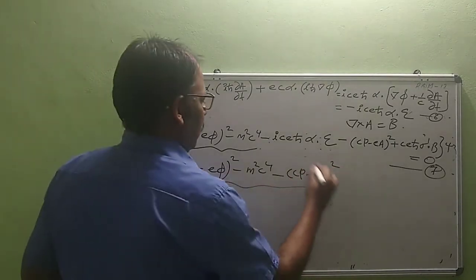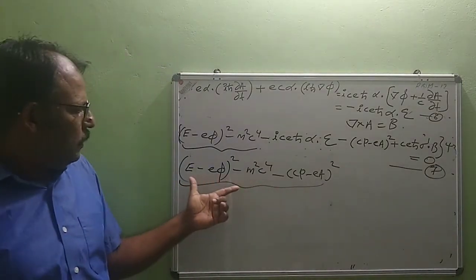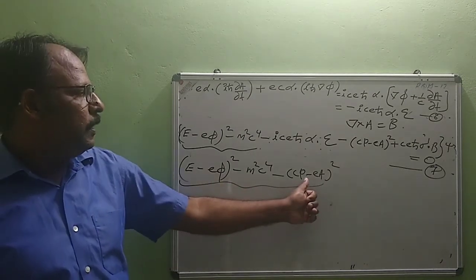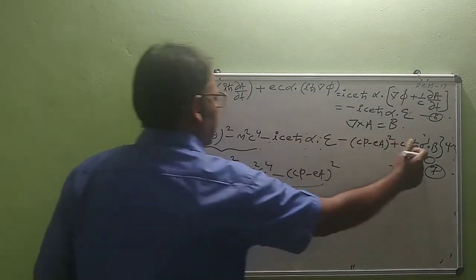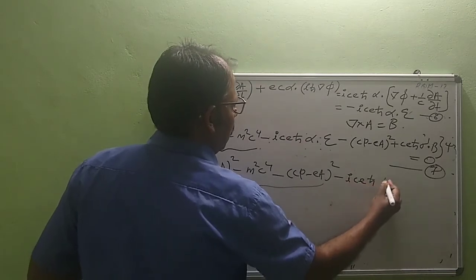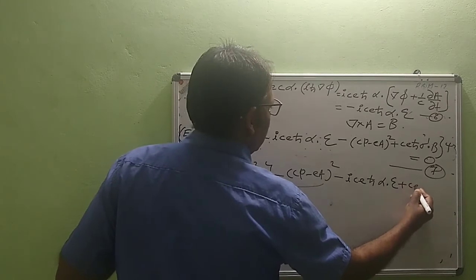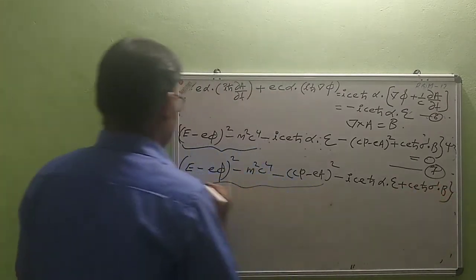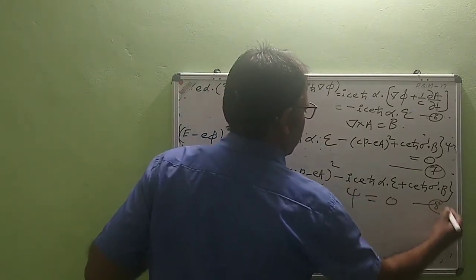These three terms represent the Schrodinger's relativistic wave equation in the case of an electromagnetic field, and in the Dirac equation we have two additional terms. They are minus i c e h bar alpha dot E plus c e h bar sigma prime dot B. These two additional terms appear in equation number 8.